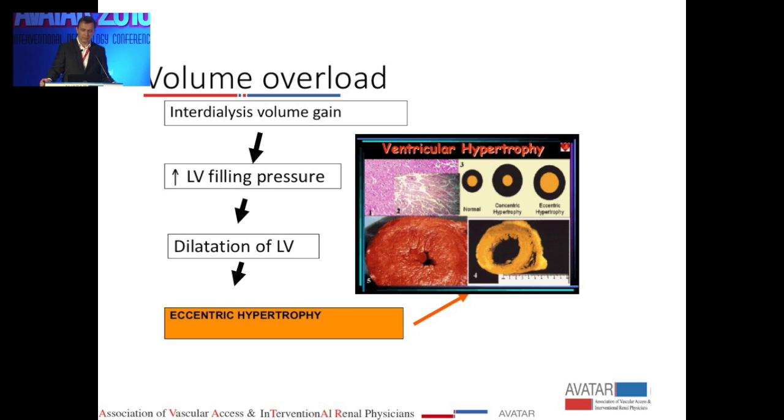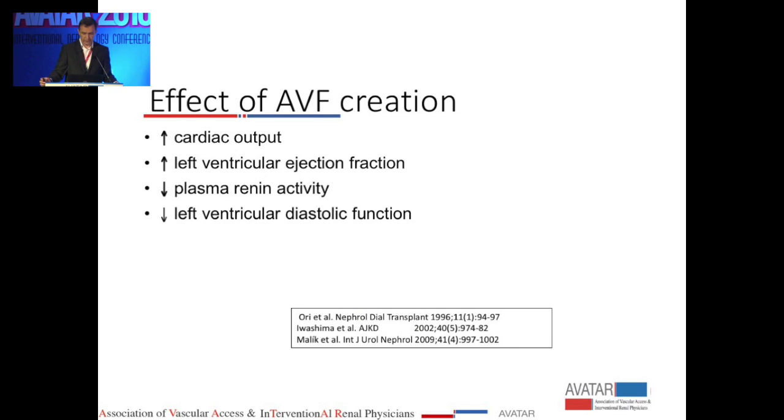We know that left ventricular hypertrophy is a common state in end-stage renal disease patients, and we think that volume overload has probably the most important role, but it has been shown by animal experiments that creation of an AV fistula could also lead to the development of left ventricular hypertrophy.